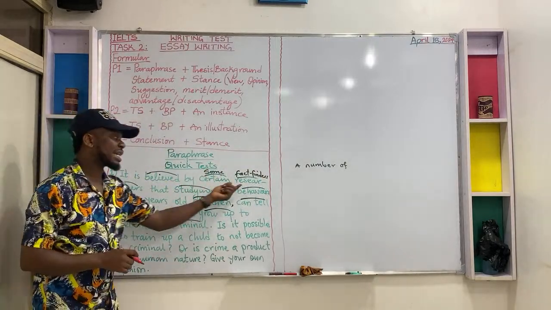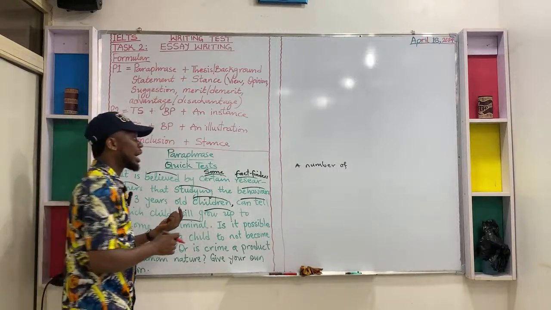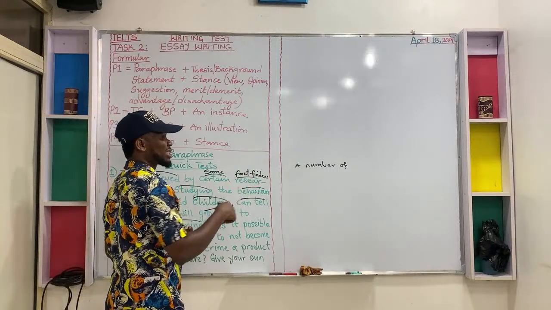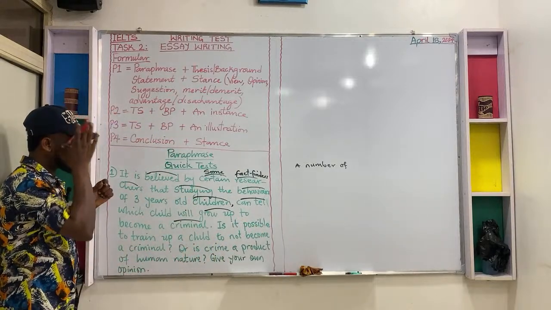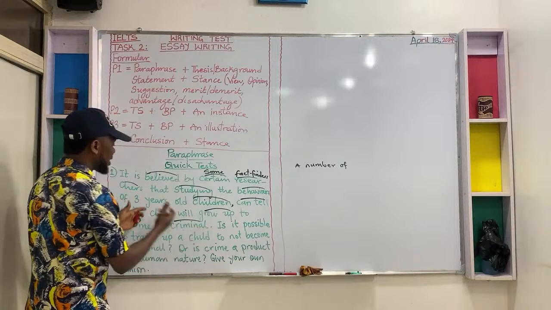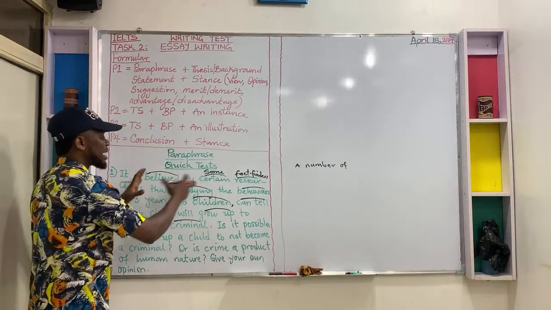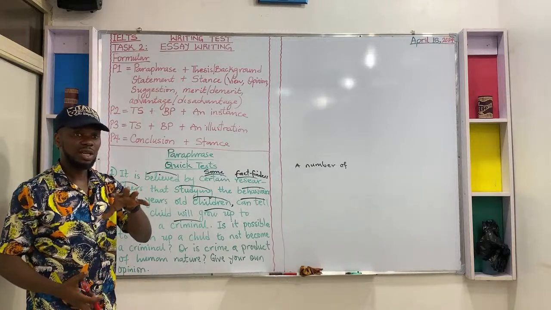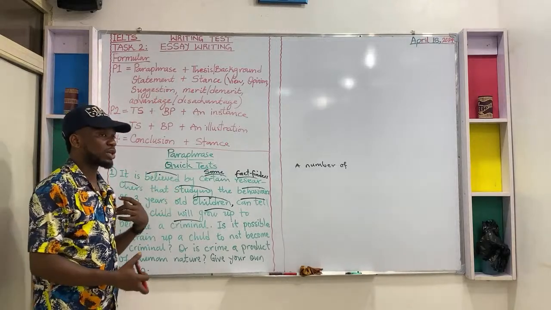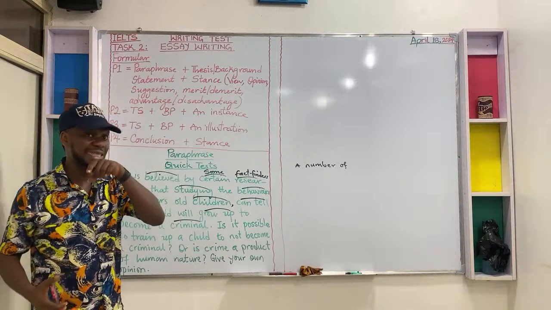Now the word researcher can be paraphrased either using fact finders or scientists. But for you to use scientists, it means the situation being discussed or the concern raised has to do with scientific research, laboratory activities. That's where you can consider researchers as scientists.